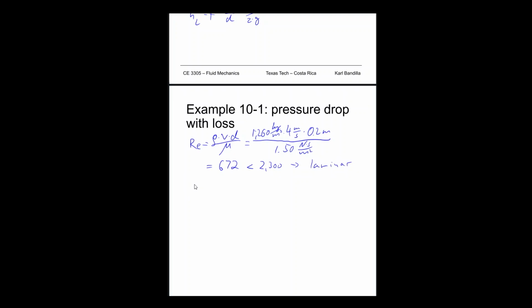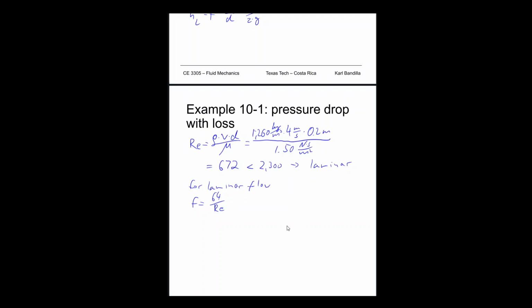So for laminar flow, we get this very simple equation for our f: f is equal to 64 divided by the Reynolds number.